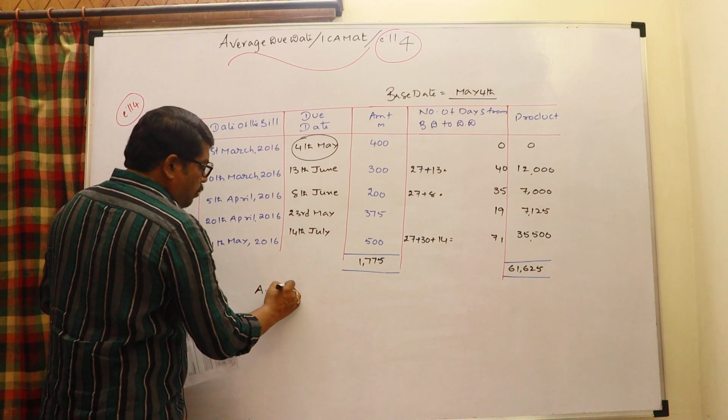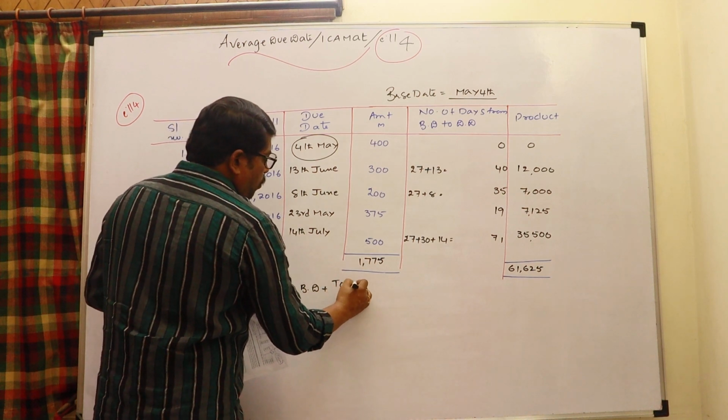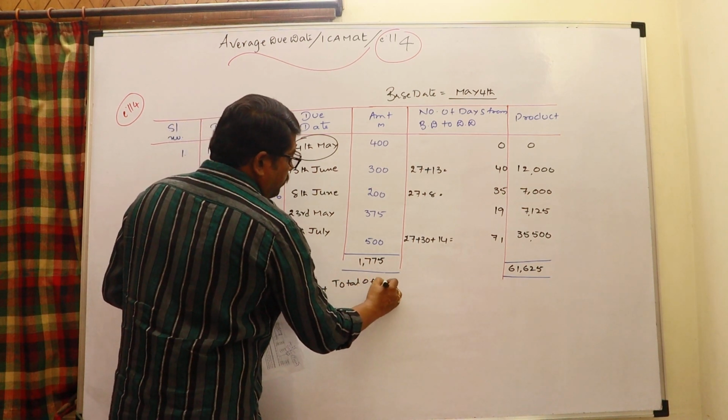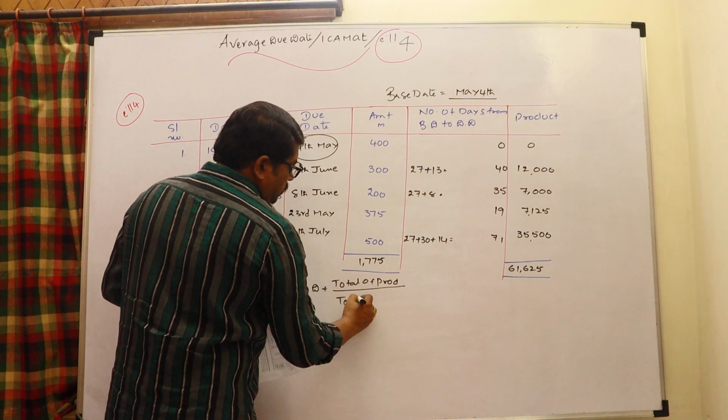Then apply the average due date formula: average due date is equal to base date plus total of products divided by total of amounts.